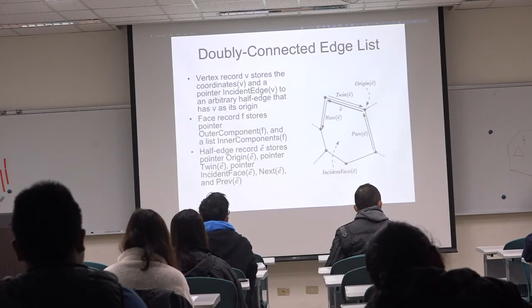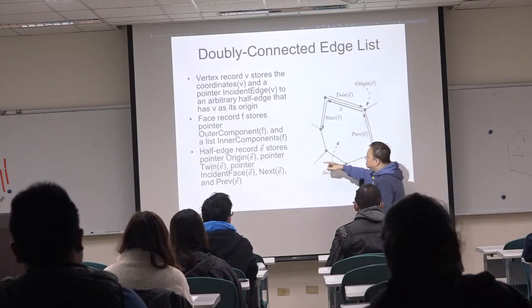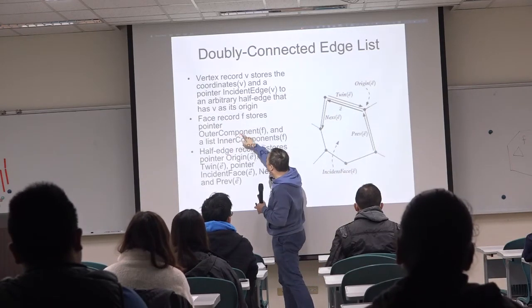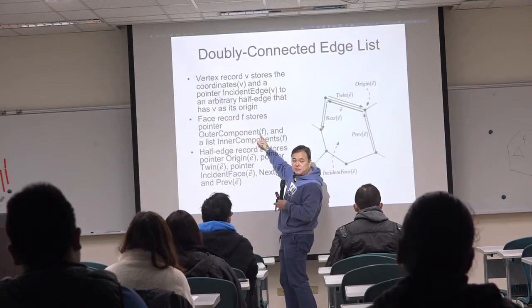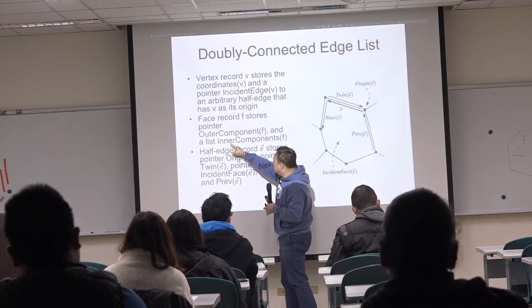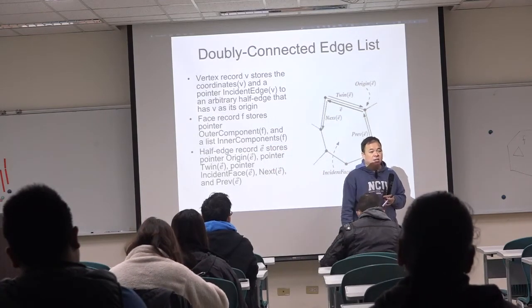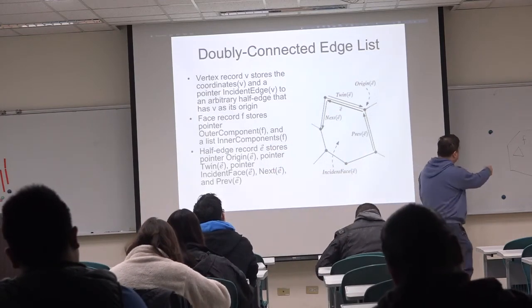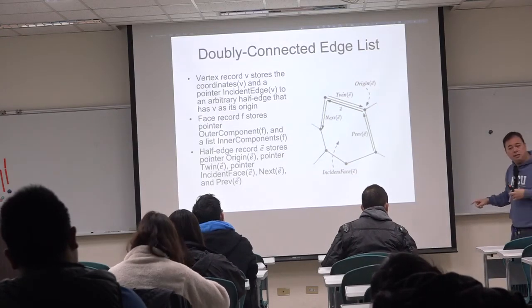For the boundary, a face can only have one boundary, so we have an outer component in singular form, right? But for the inner components, you could have many holes in a face, such as this case, where we have two holes.